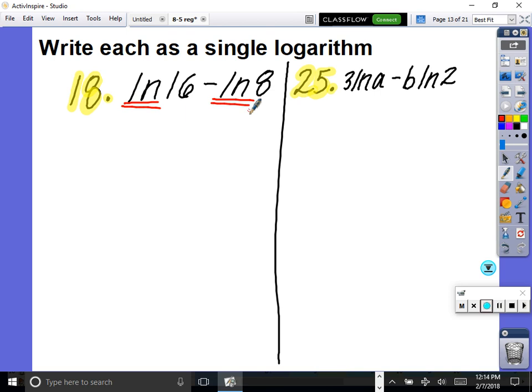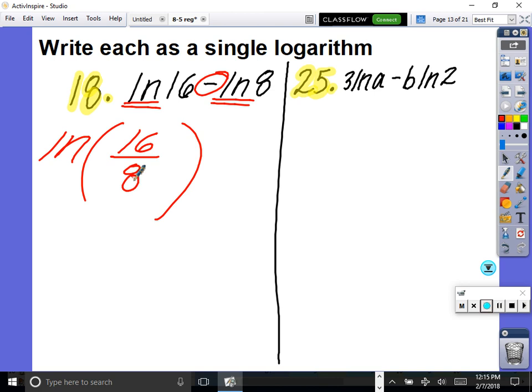So there's two ln's, so we can write it as one ln. When you subtract, then you divide. So you'd say ln of parentheses, and now 16 divided by 8. So we have ln of 2. Now if it asks us to evaluate it, we could then type that into our calculator. It says, rewrite this as a single logarithm, so we're done. That's just a review from last time.